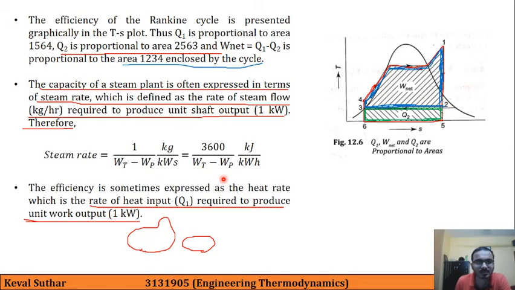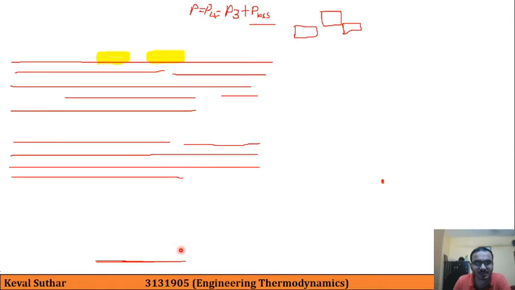This is the definition of steam rate, that it is 1 divided by Wt minus Wp. The next is the definition of heat rate, that is 3600 Q1 divided by Wt minus Wp, and it is also given by 3600 divided by eta cycle.